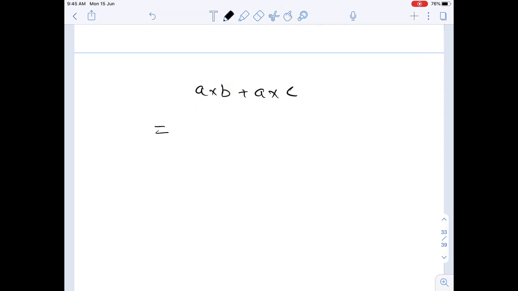So right now these two are factors. Then between a and c also a multiplication sign is there, so these both are also factors we can consider.